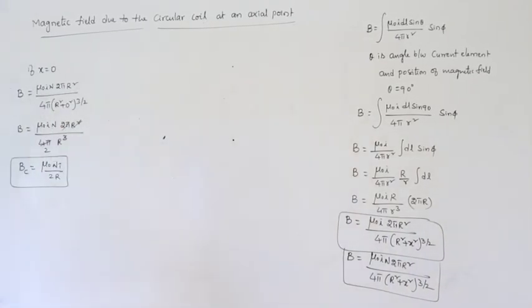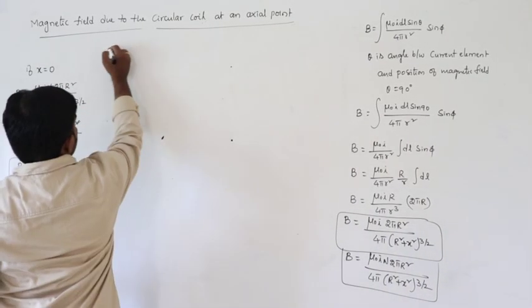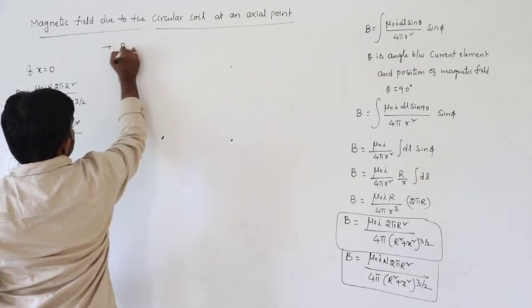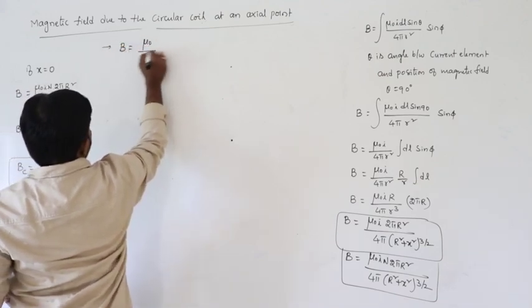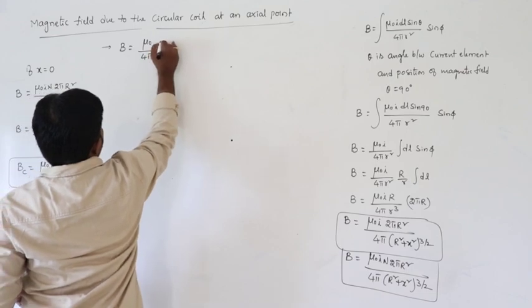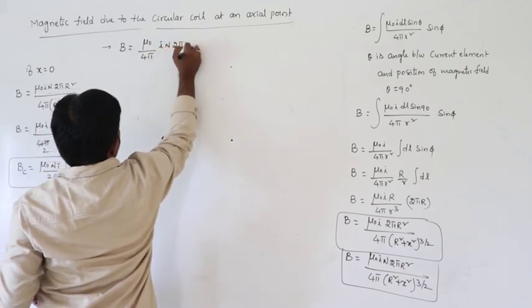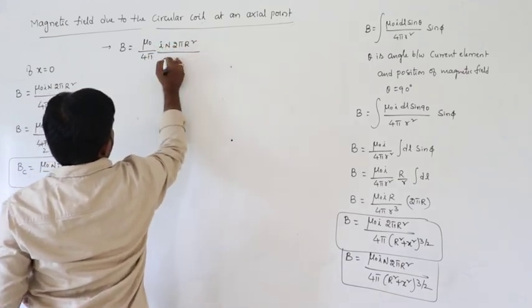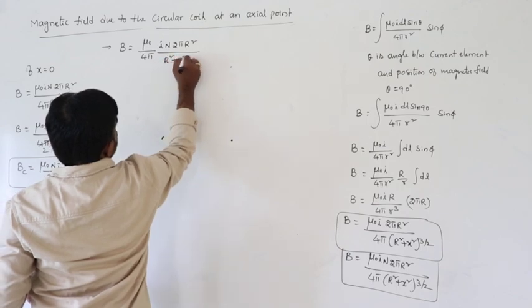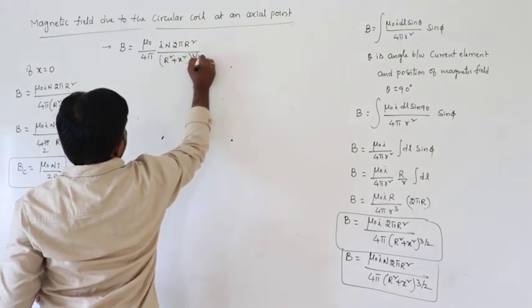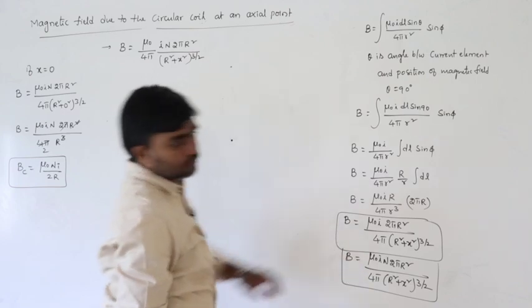So see here, B is equal to mu naught by 4 pi I n 2 pi r square divided by r square plus x square whole power 3 by 2. This is the formula here.